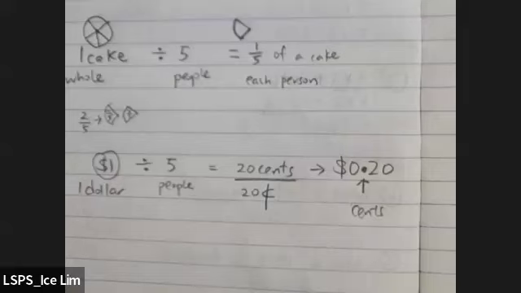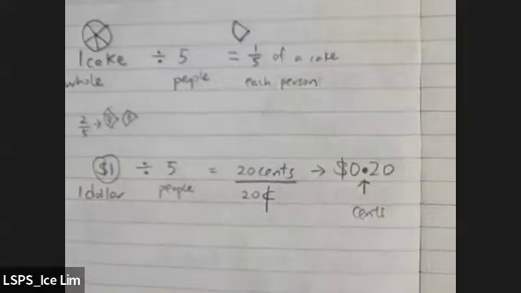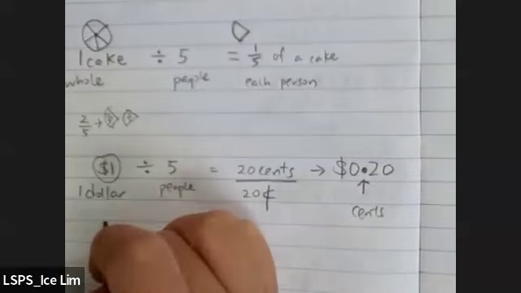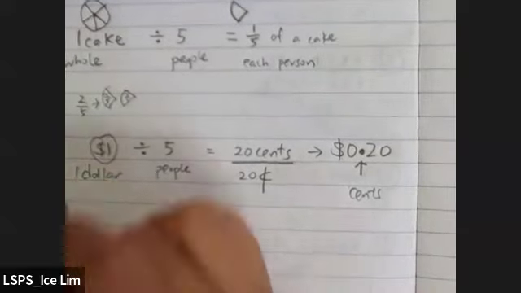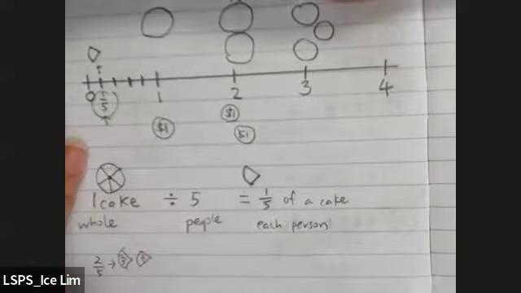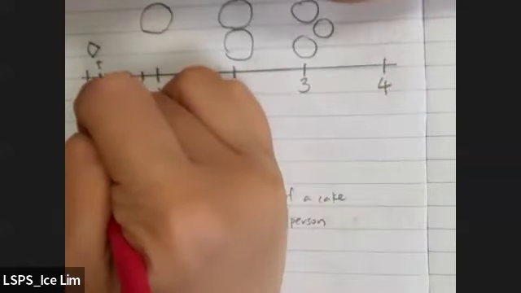Now, so we are saying that 1/5 here can be regarded as 20 cents, 0.2.